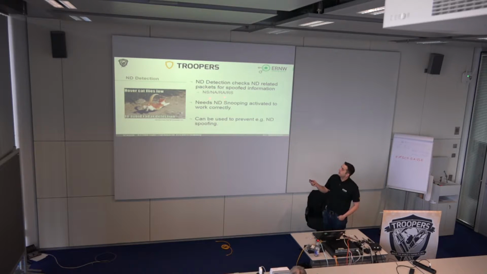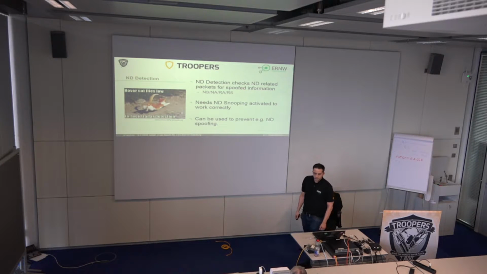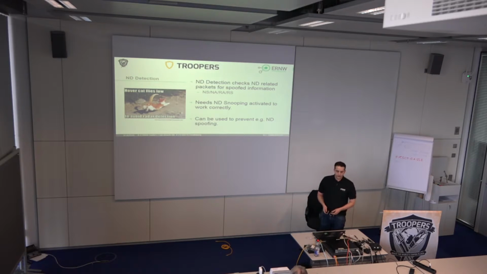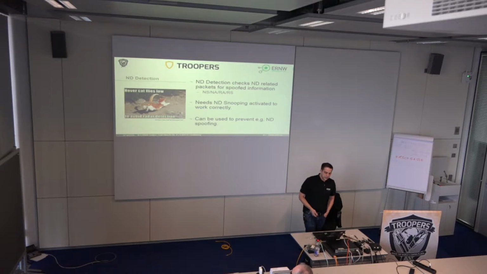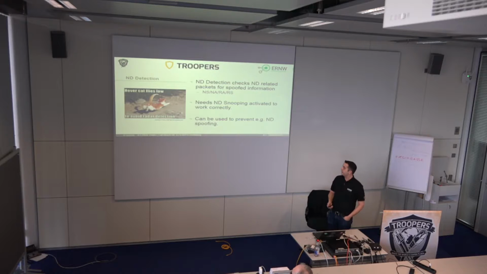But for these three, ND detection can be used, and as soon as you activate it on the VLAN, the router advertisement from your legitimate router will not get forwarded, because you have to explicitly configure the trust state on the port where the router is connected. But it can be used to, of course, prevent ND spoofing attacks like in the Cisco world.